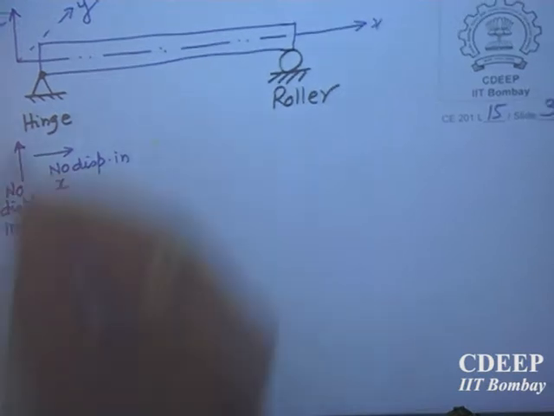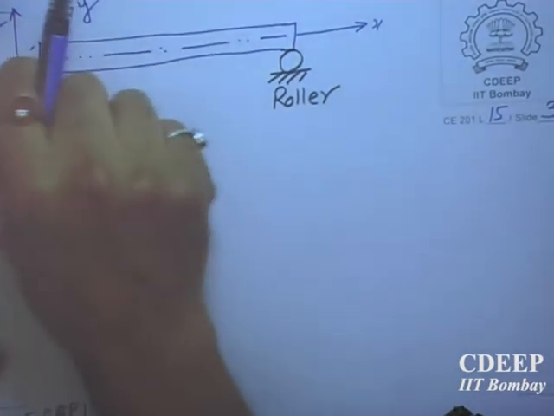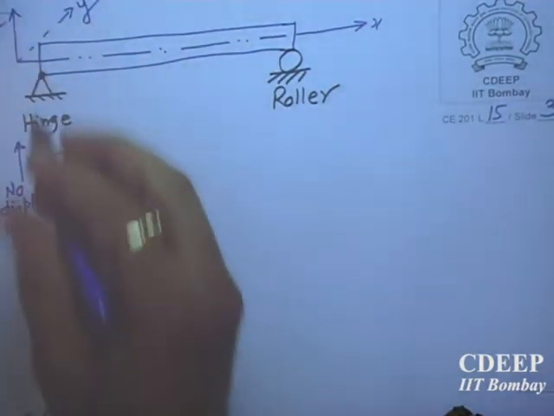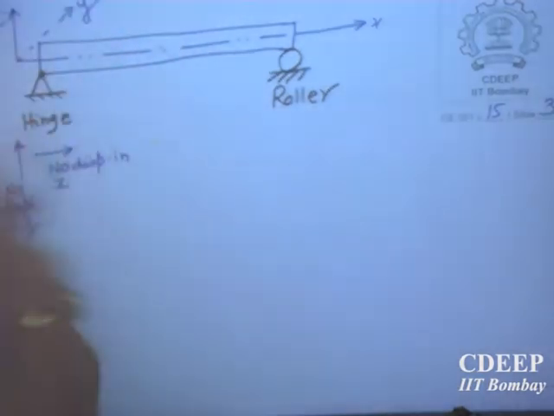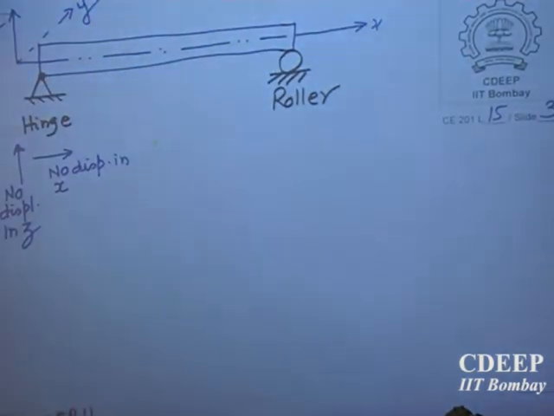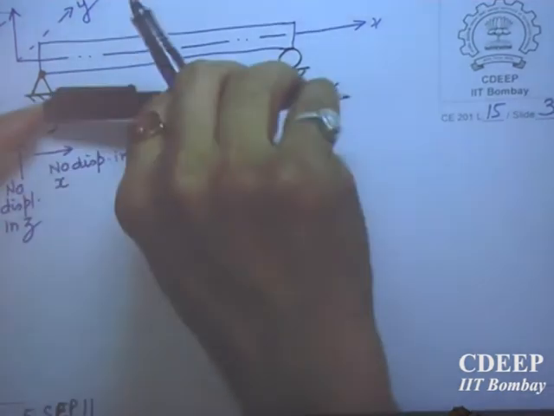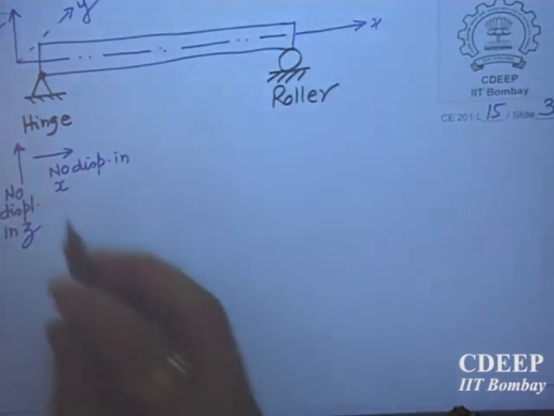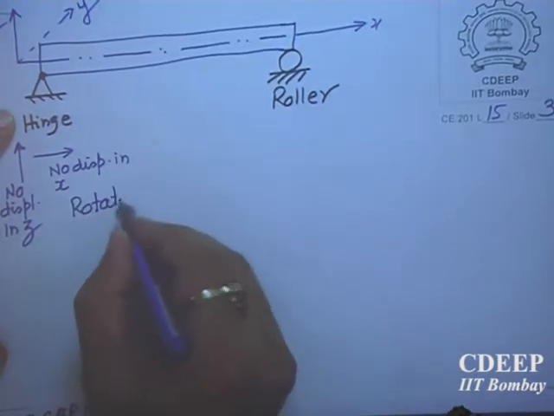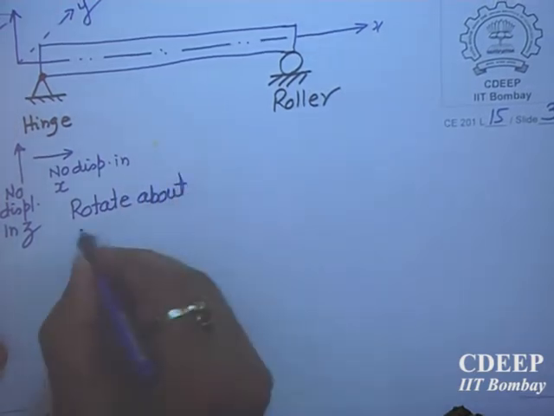Do you agree with me? This pin will ensure that this point will neither move in the x direction nor in the z direction, but it can rotate about the y axis. This pin will ensure that now my beam can rotate like this, here at this point. So it can rotate about which axis?